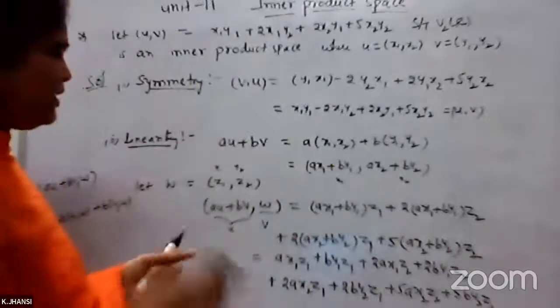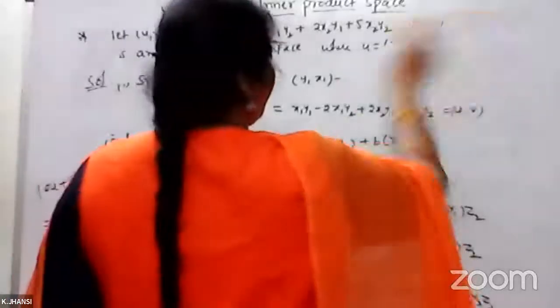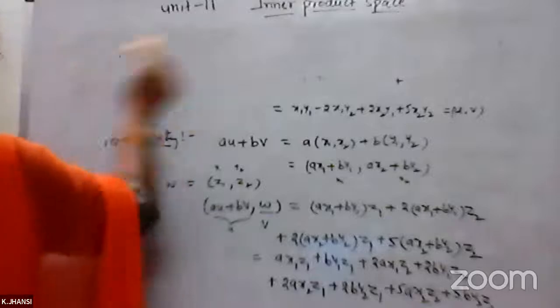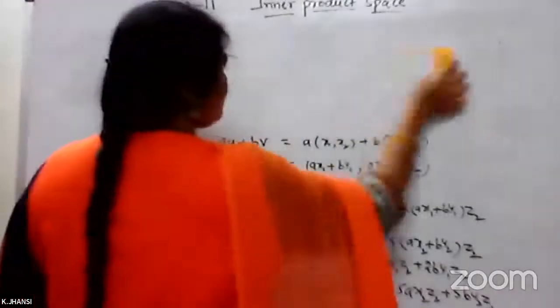When you split this and take a and b as common, you will get it in the form of a into u comma w plus b into v comma w.